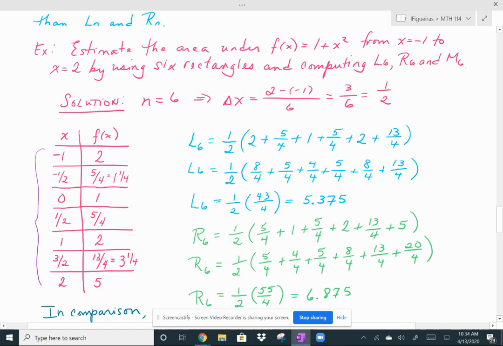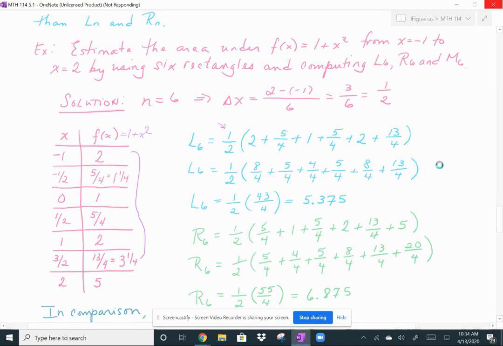Your y values or your function values, you plug into f of x, which is 1 plus x squared, and we get the values on the right. Remember, to compute your left-hand endpoints, you start with the first height and end with the second to last one. So I have to multiply 1/2, the width, by all of the heights from 2 to 13/4.